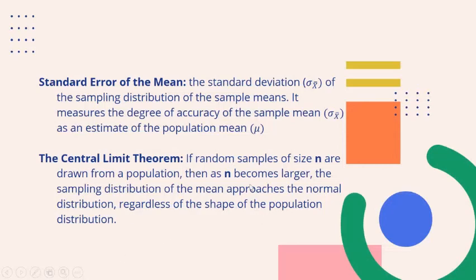It says that if random samples of size n are drawn from a population, then as n becomes larger, the sampling distribution of the mean approaches the normal distribution, regardless of the shape of the population. Remember, we discussed the normal distribution in chapter 2.